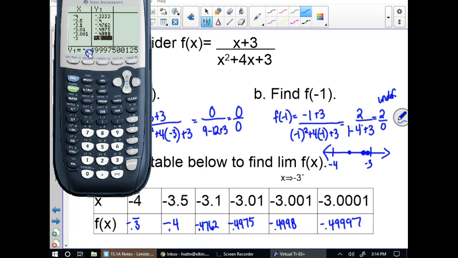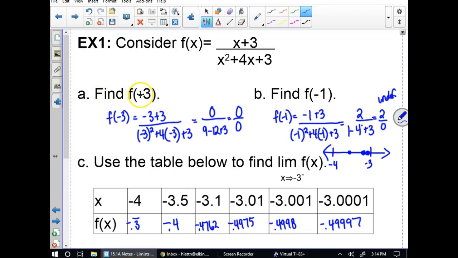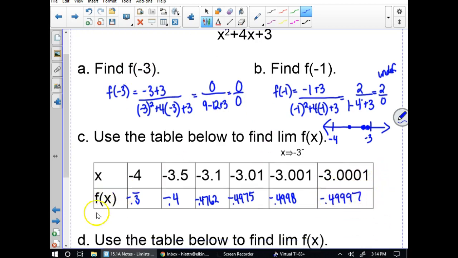So it's not actually there. This limit's not actually going to reach -3, because it looks like it actually made it here. The calculator is really rounded. It's not actually going to get to -3, because right here at -3, we know it's undefined. So it's not going to get there, but it gets closer and closer to this value.